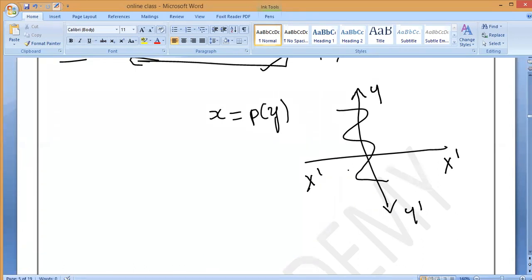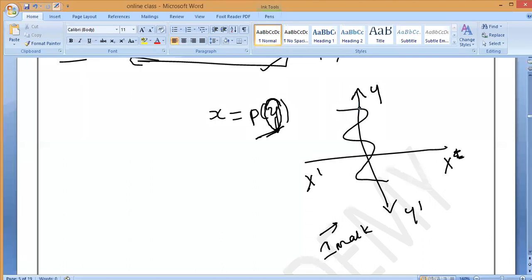How many zeros? The answer is 5. Here the polynomial function is in the form of y, so we see the y-axis.